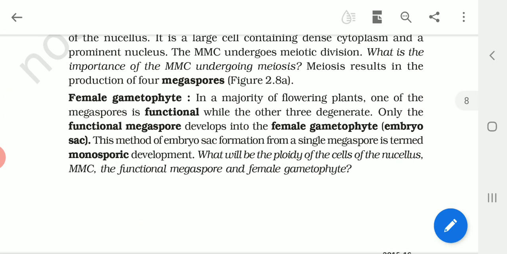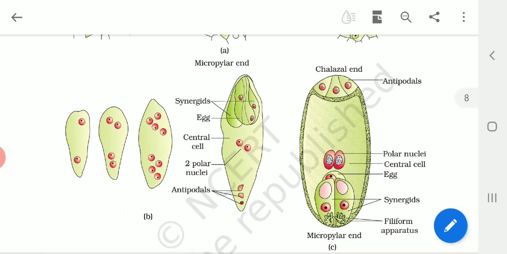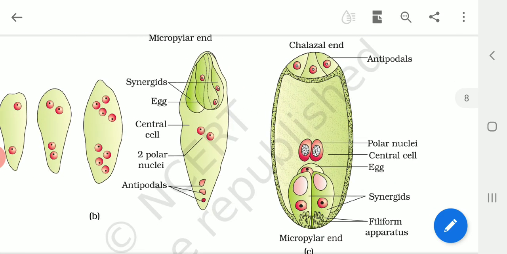Now, if you look at a mature embryo sac in the C diagram, you will see that the diagram is reversed. The micropylar end shows the egg and two synergids. The synergids have cellular thickenings called the filiform apparatus.